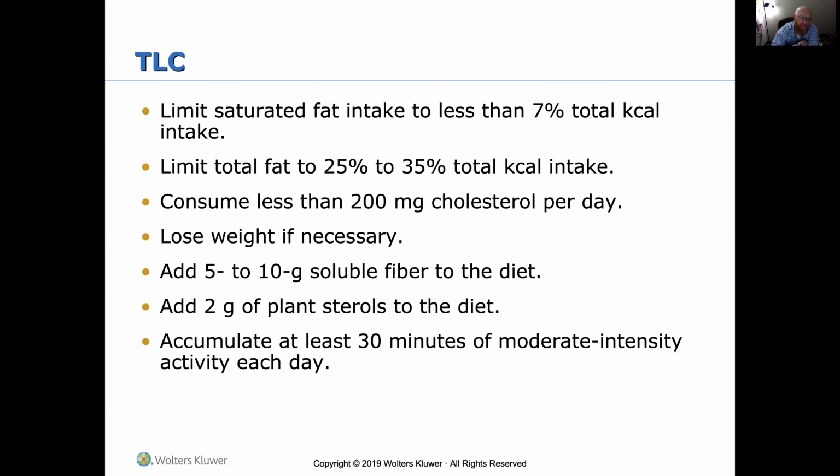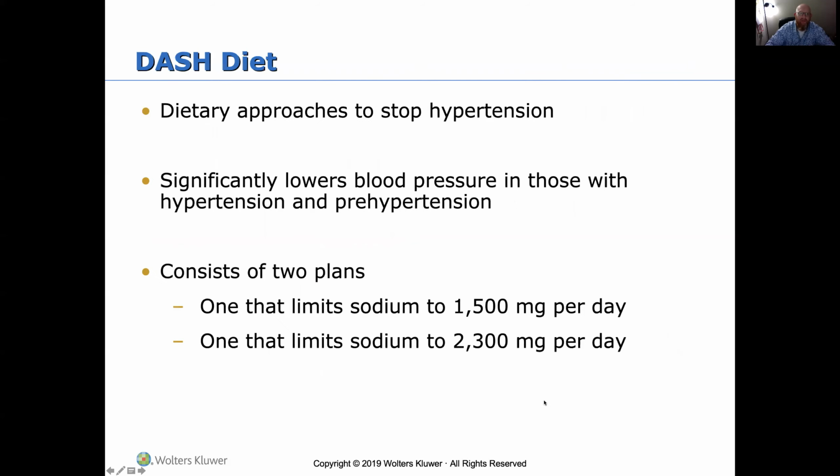Add 2 grams of plant sterols to the diet, and accumulate at least 30 minutes of moderate intensity activity each day. We talked about how each one of those can help with cholesterol, and this just puts it into a specific program that will help speed up the process by keeping you on track.